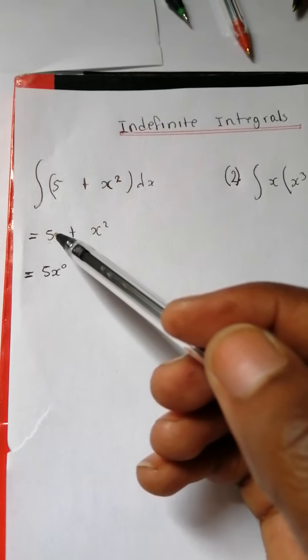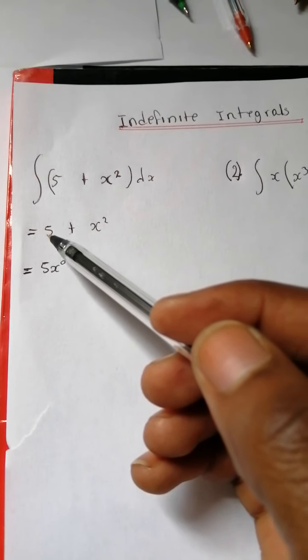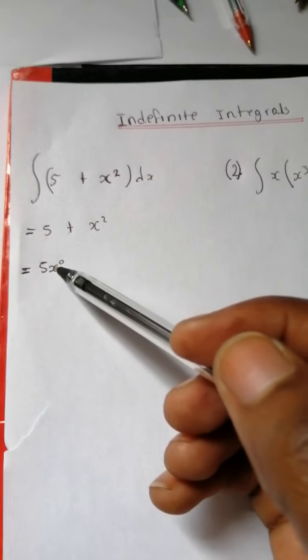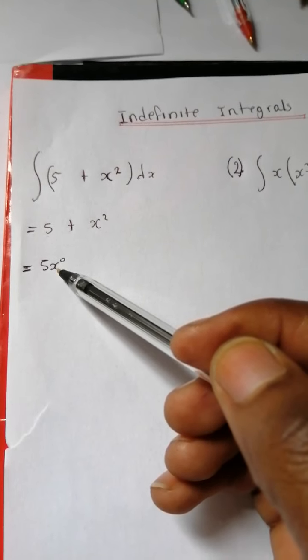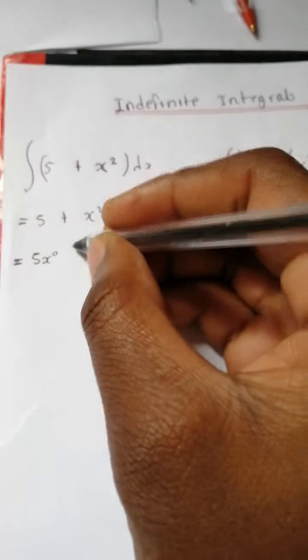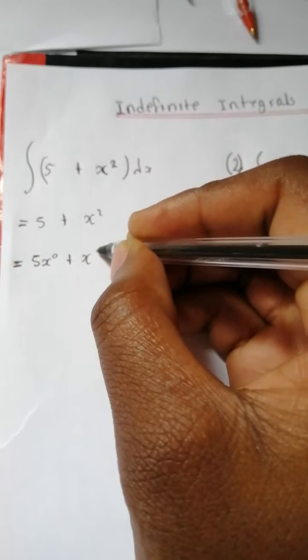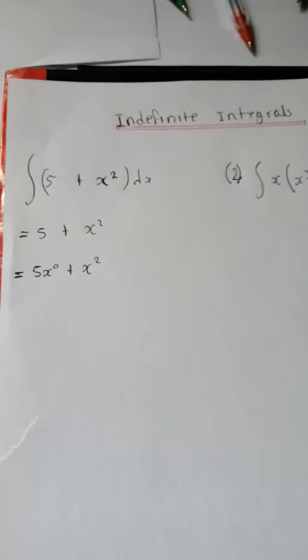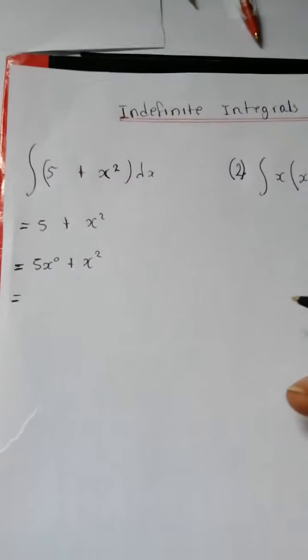In order to find the indefinite integral of this constant, which is 5, you're going to add x and raise it to the power 0, and then you're going to say plus x squared. After this stage, you're going to apply the power law.